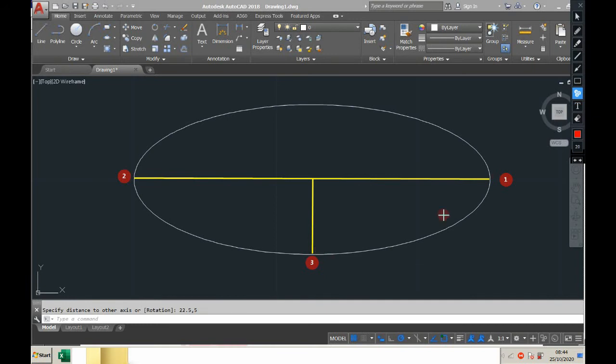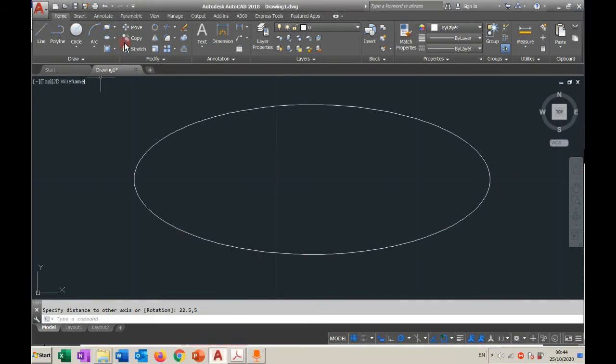Let's see what will happen if I don't follow this pattern. Let's say I'm drawing axis end again. I'll start with 10, 10, but this time I'm going to go for 22.5, 5 as the endpoint.